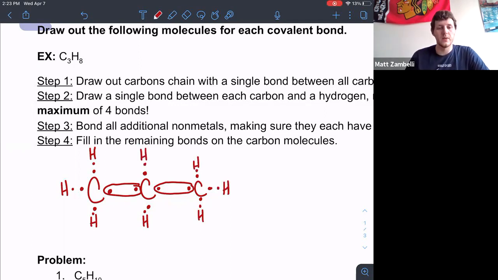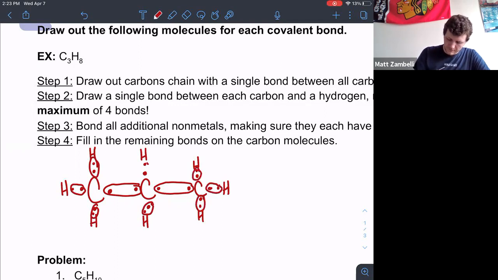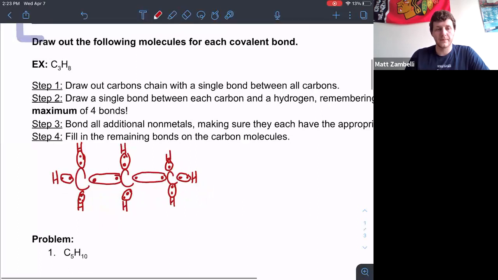All right, we have 8 hydrogens, and we're going to make a single bond between each hydrogen and each carbon.